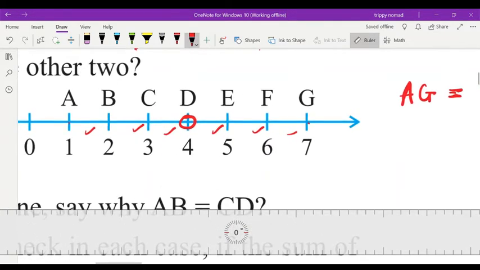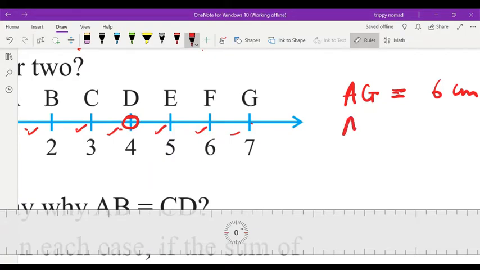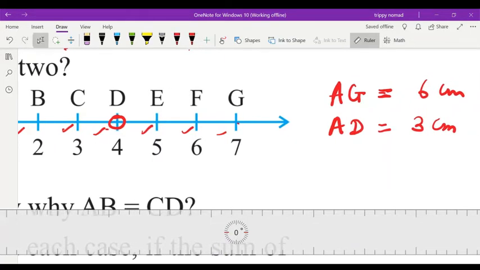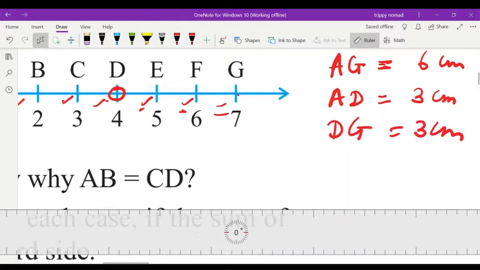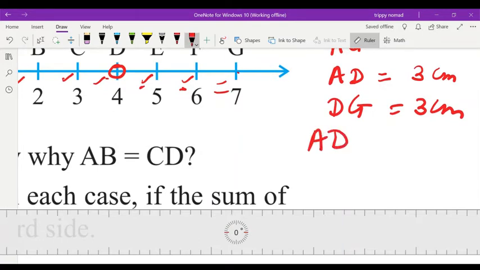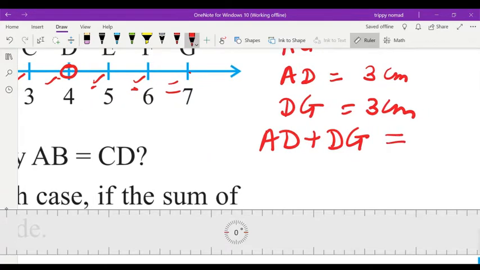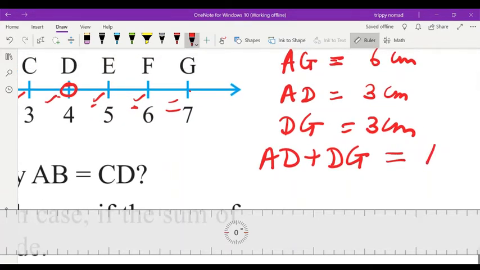Understood? And then you will write AD: 1, 2, 3. AD is equal to 3 centimeter. And DG is equal to 1, 2, 3. That is also 3 centimeter. So children, if you add AD and DG, that should be equal to AG.